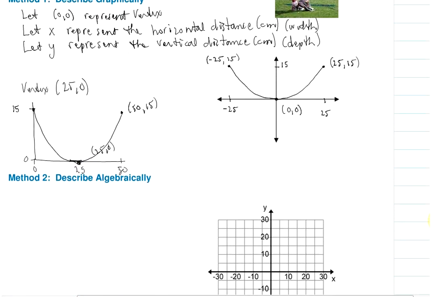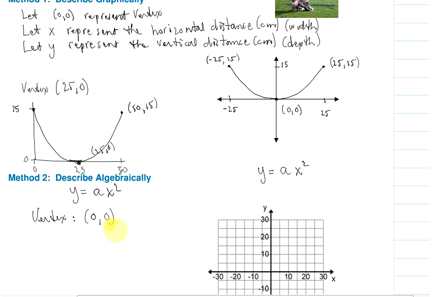Okay, so we're going to describe our graph algebraically now. If you take a look, we have a vertex at (0, 0), which means that the overall equation is going to be y equals ax squared, because our vertex is at (0, 0).